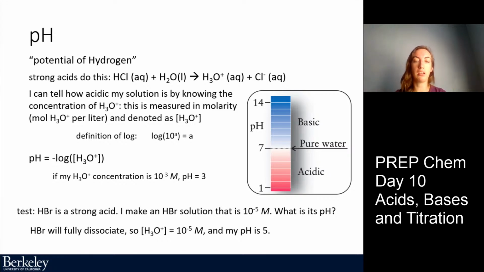Just to say that again, I put 10 to the minus 5 moles per liter of HBr in my solution. Then because HBr is a strong acid, all 10 to the minus 5 moles become H3O plus. So then my H3O plus concentration is 10 to the minus 5 molar, and then I use the definition of pH. The log of 10 to the minus 5 is minus 5, and then minus 1 times that will be 5.